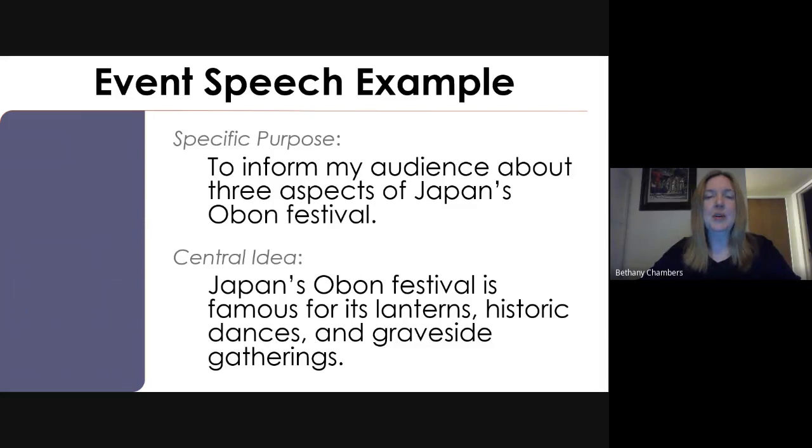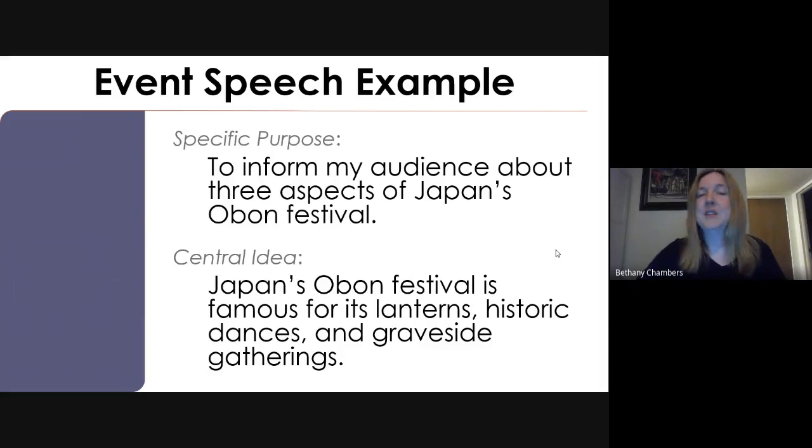An example for a specific purpose with this could be to inform my audience about 3 aspects of Japan's Obon Festival, and then putting a central idea together that goes along those lines is potentially going to look like this.